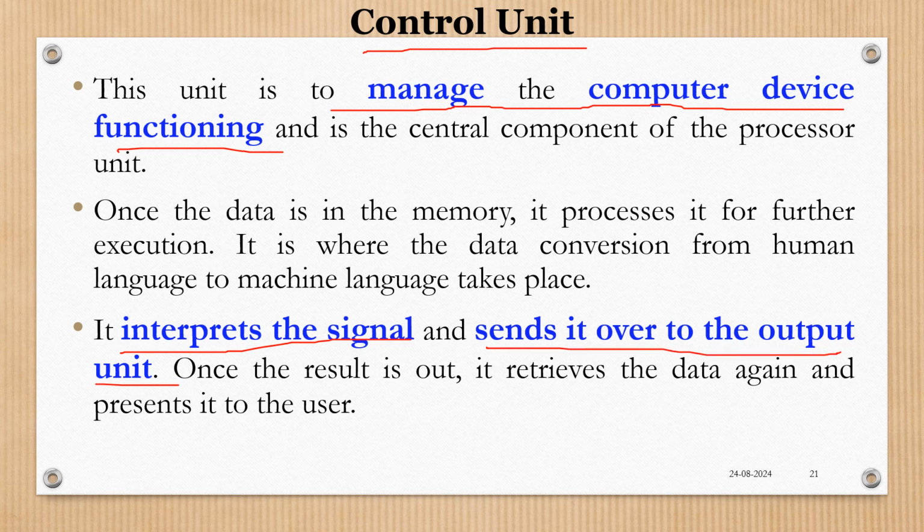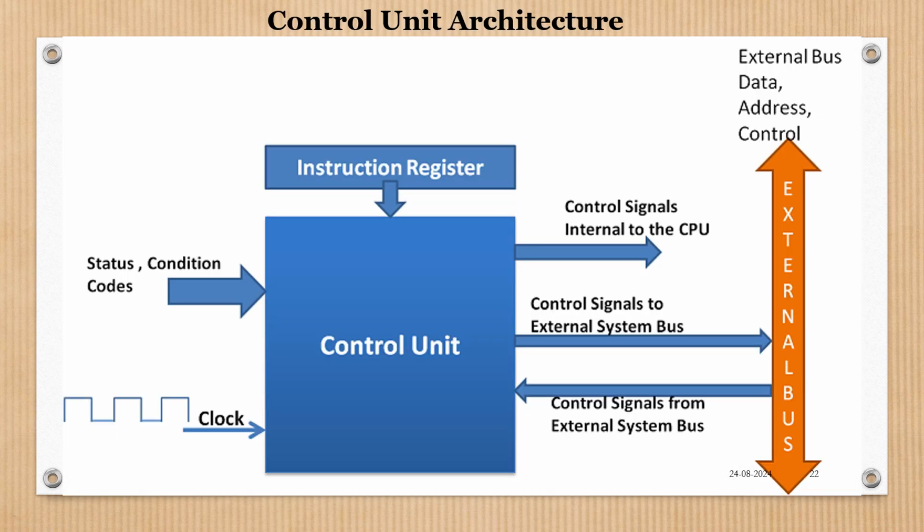So next, it interprets the signal and sends it over to the output unit. When the results are generated, the signal is sent to the output devices for representation of the data. So this is the architecture of the control unit. It has different types of signals, like status and the condition of the code.